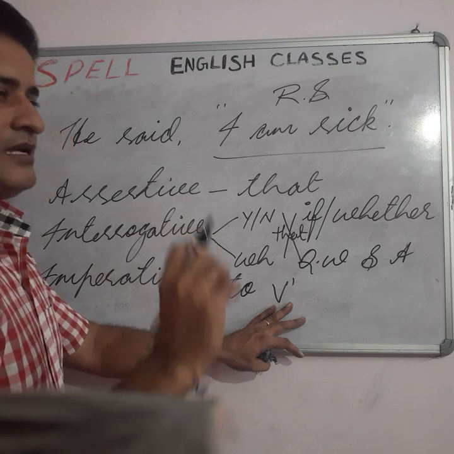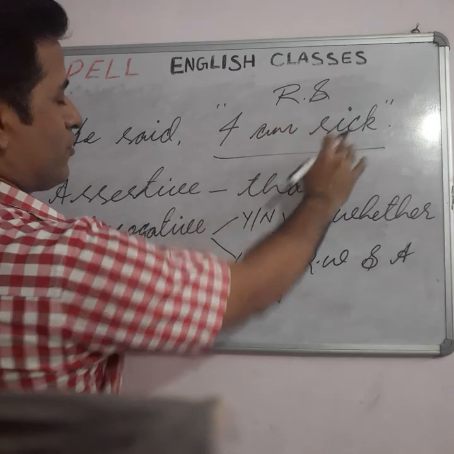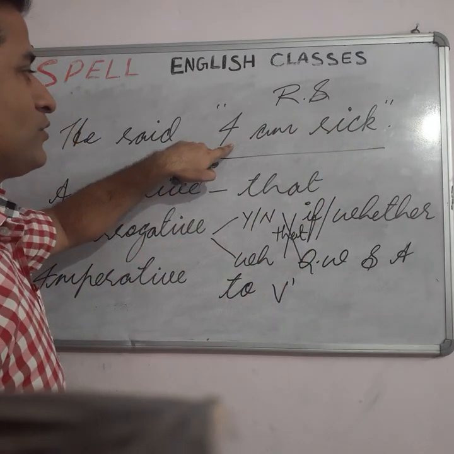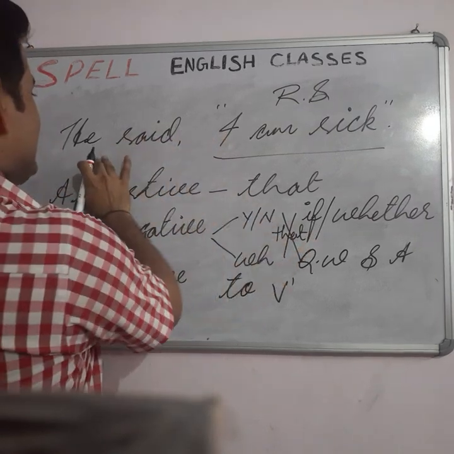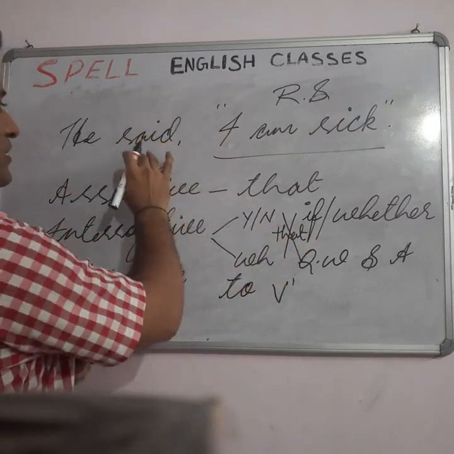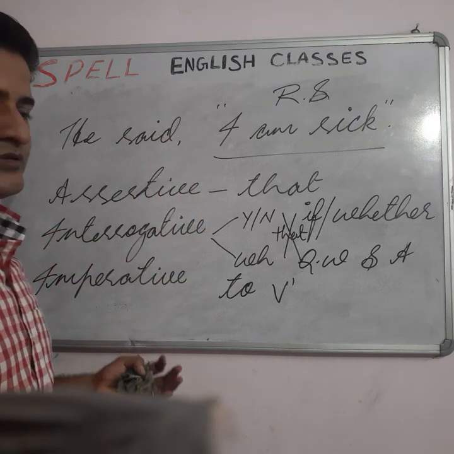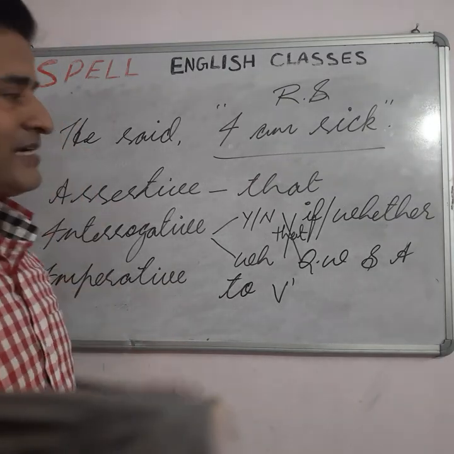For example, go from here. Somebody said, he said, go from here. So go is used in the beginning. You can say, before go, simply write to go. He asked, we change this said and asked according to the sense made by the reporting verbs.